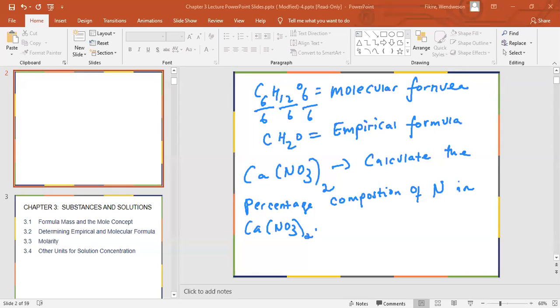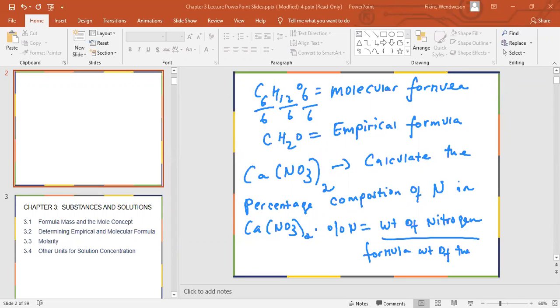So the percentage of nitrogen is going to be the weight of nitrogen divided by the formula weight of the entire compound times 100%.